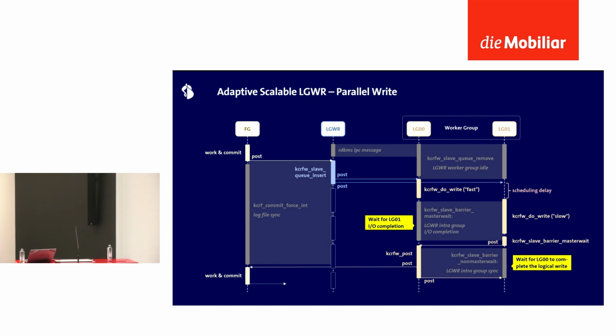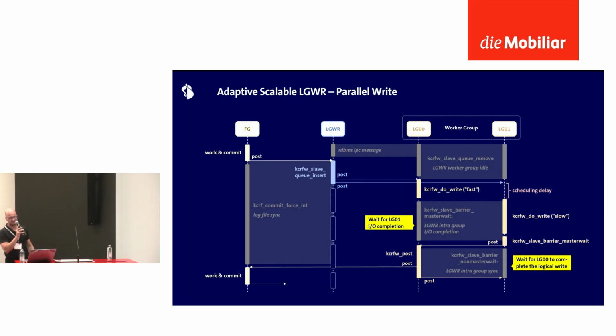So it starts a wait, and only when this second write completes and sends a post to the first one can the first one complete and signal back to LogWriter that it's now done. It also needs to post LogWriter so that LogWriter is aware that it can send new work to other workers.